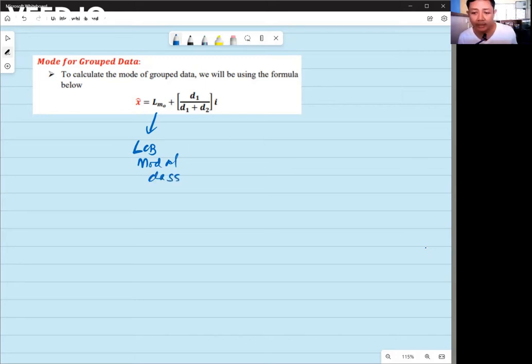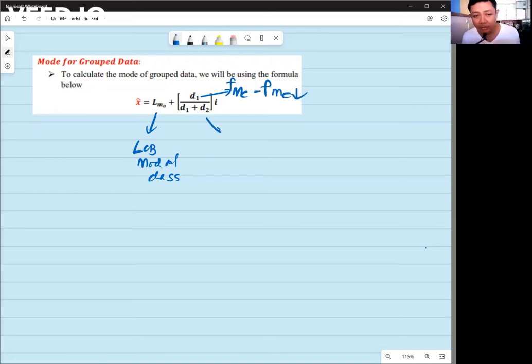Okay. And then D1, this is the difference between the frequency of the modal class and the frequency of the class below it. Okay. Modal class. Okay. And then minus the frequency of the modal class minus the frequency of the modal class below it. Yung mas mababa.